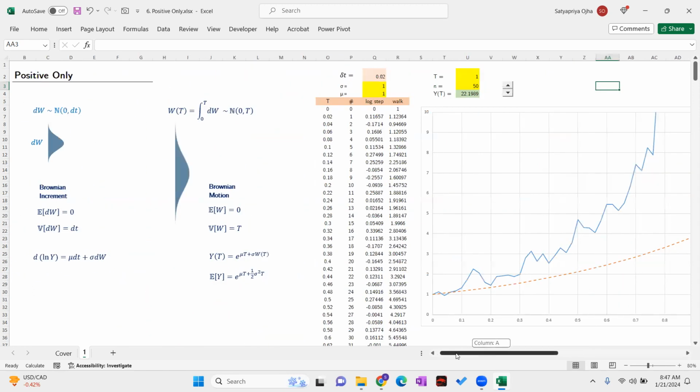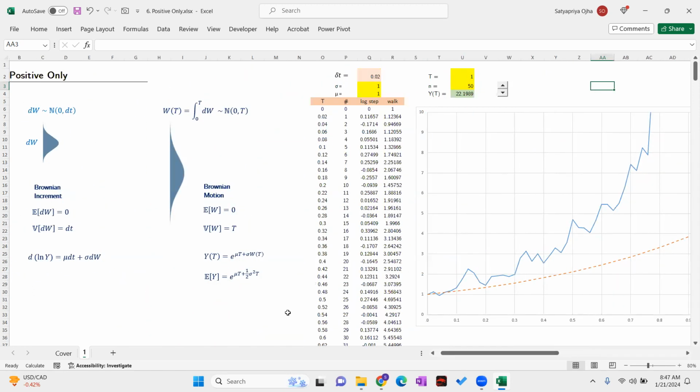Is it possible? I will keep the log normal diffusion intact, so it will still be log normal, and I will restrict the negative values also, correct? But I'll ensure that there is no growth. Is it possible?